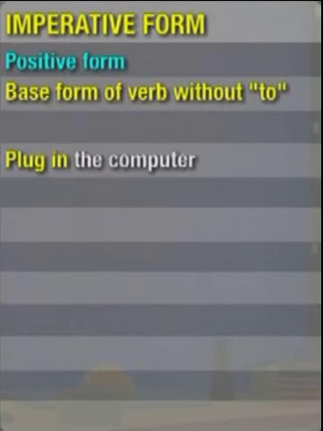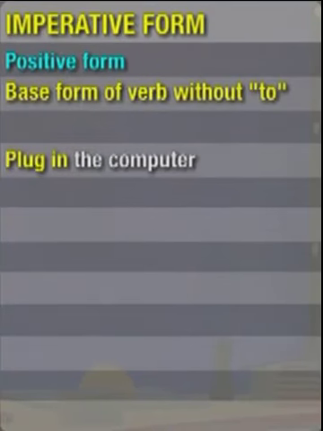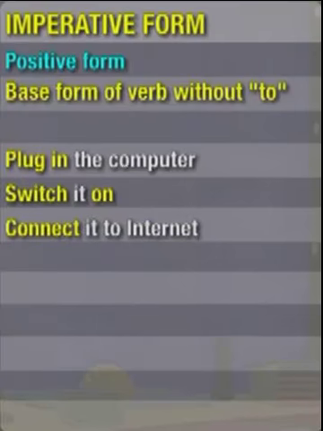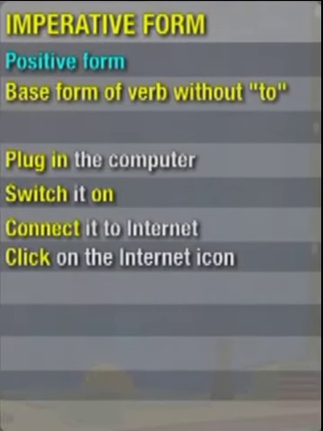Plug in the computer. Now you notice we use plug, which is the infinitive form, and we use it for both you, singular, and you, plural. So, plug in the computer, switch it on, connect it to the internet, and click on the internet icon. All right, so imperatives, they're all infinitive verbs.